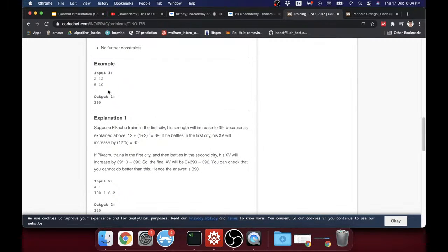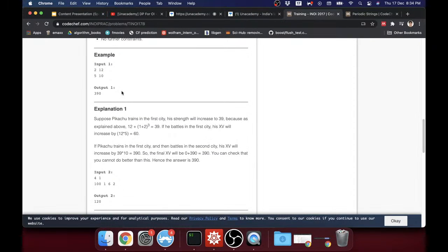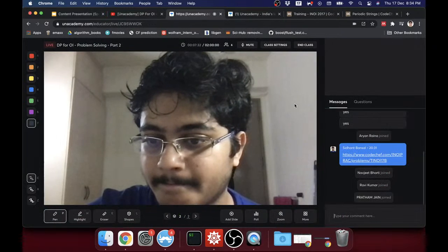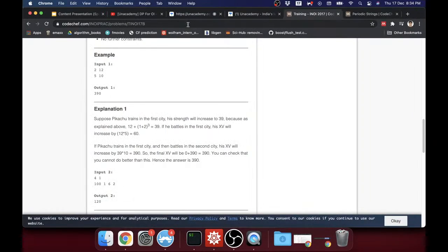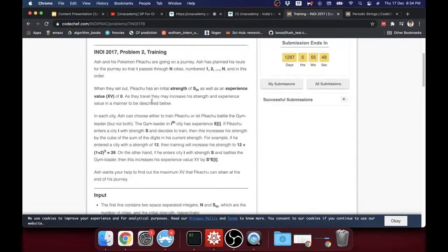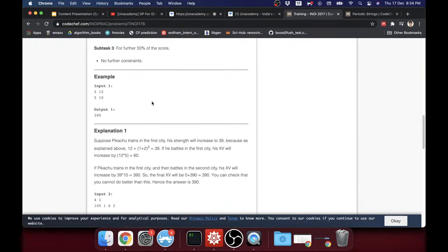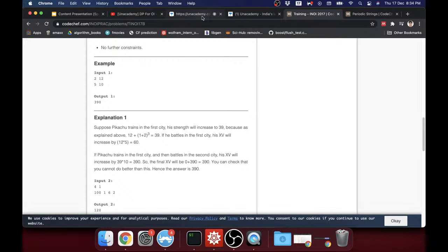Alright, so firstly going through the example, let me open up my. So people who joined just now, we were going through the problem training of INOI. You can just read the question, you'll probably understand it. I'll just go through the sample so that people are more clear about what the question says.